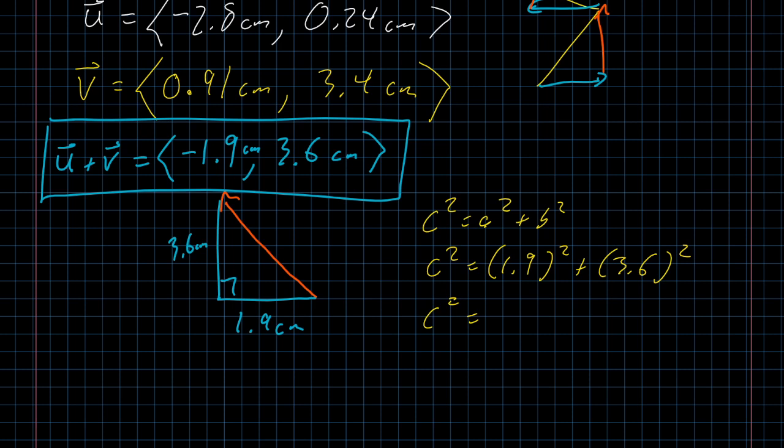And if I don't worry about the negative, then I'm not going to make any mistakes with my calculator. Right, but I get that c squared is 16, which means that c itself is 4.0.